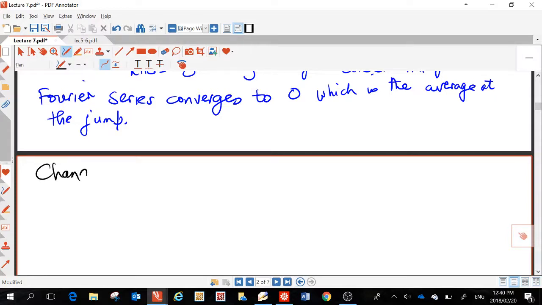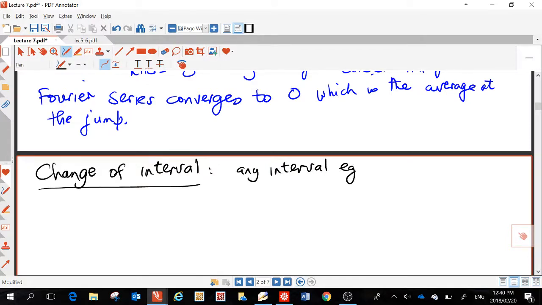So let me now deal with change of interval. In other words, any interval. For example, 0, 10. Doesn't have to be pi. Now, the important thing about these functions is that they are periodic.